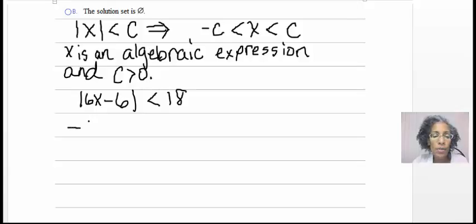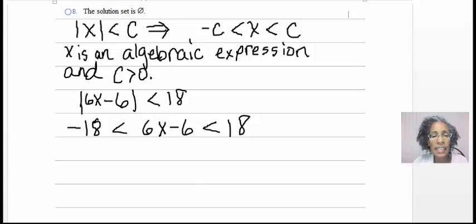So what I learned above is that the absolute value of 6x minus 6 less than 18 means that 6x minus 6 has to lie between negative 18 and positive 18.